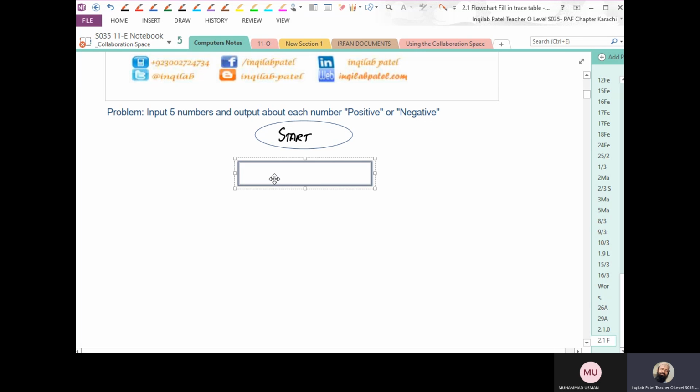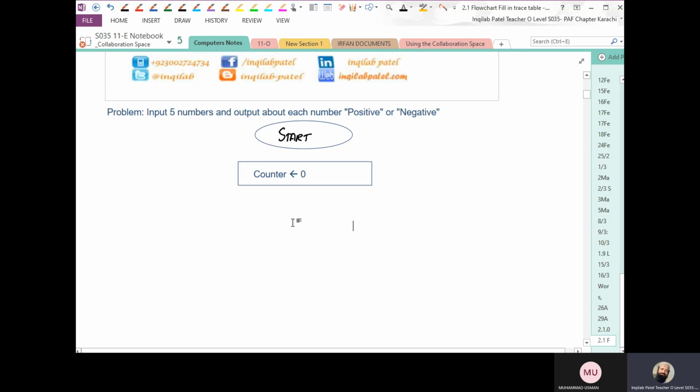Counter is used to count the value. So we will say that count equals to 0, or counter equals to 0. We may use the word count or counter, both are allowed.